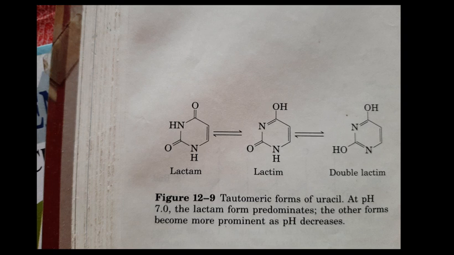Tautomeric forms depend upon the pH, and I will give you a picture of them. Mind it, free pyrimidine and purine bases may exist in two or more tautomeric forms. Uracil occurs in lactam, lactim, and double lactim forms.